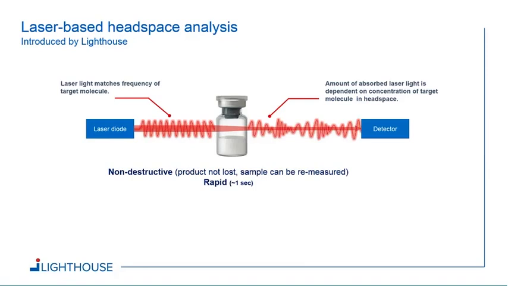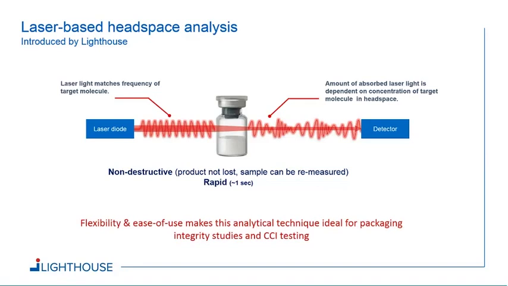And this measurement is non-destructive, so the product is not lost, the sample is not destroyed, and can be remeasured if desired. And it's also a fairly rapid measurement, so you're talking about measurement times on the order of a second. And so you see that it can be very useful for packaging integrity studies and CCI testing. And it's also a very easy technique to use from an operator point of view.